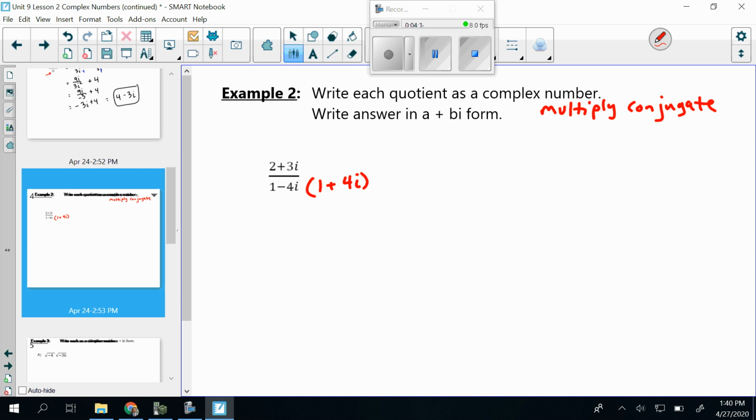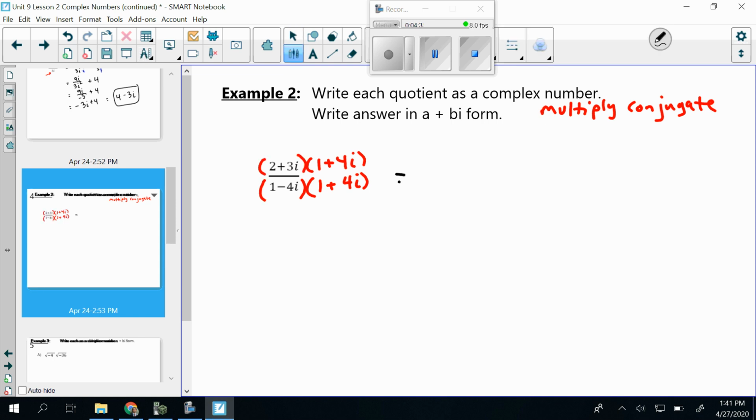The reason is, when we multiply that out, we're going to get that denominator to not have an imaginary part anymore. Anything we multiply to the denominator, we also have to multiply to the numerator. So we're going to have to multiply and FOIL a bunch of stuff out.